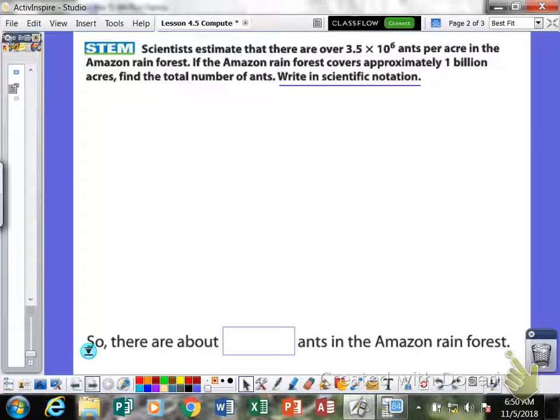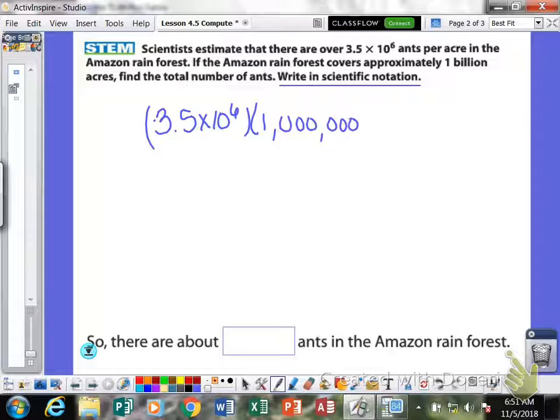So scientists estimate that there are over 3.5 times 10 to the 6 ants per acre in an Amazon rainforest. If the Amazon rainforest covers approximately 1 billion acres, find the total number of ants, write it in scientific notation. So basically what we are doing is we're taking 3.5 times 10 to the 6th, and we're going to multiply that by 1 billion.